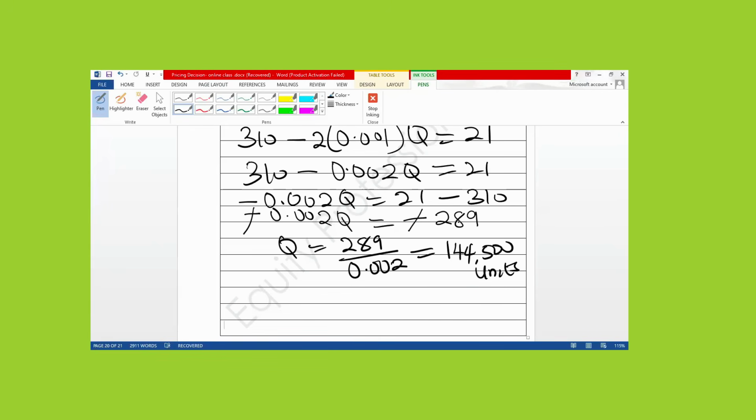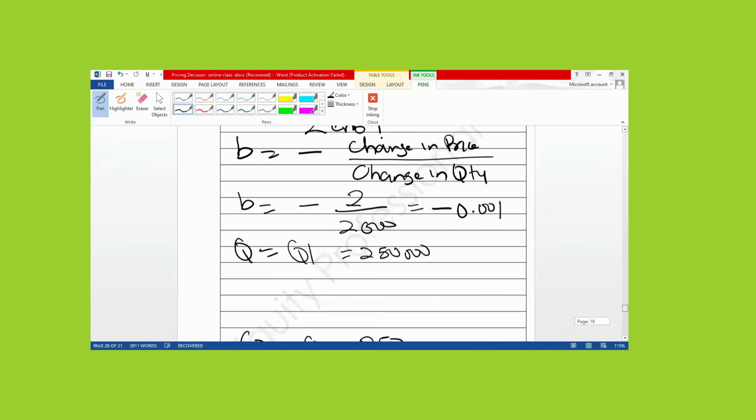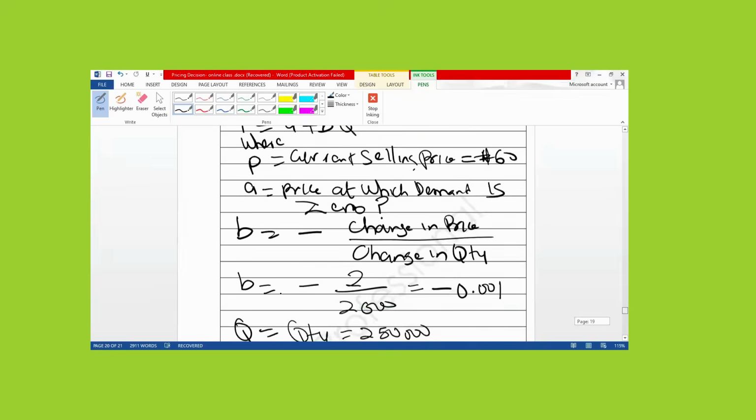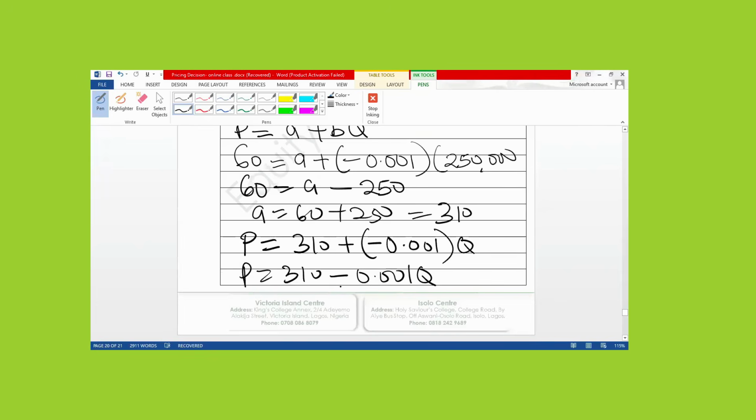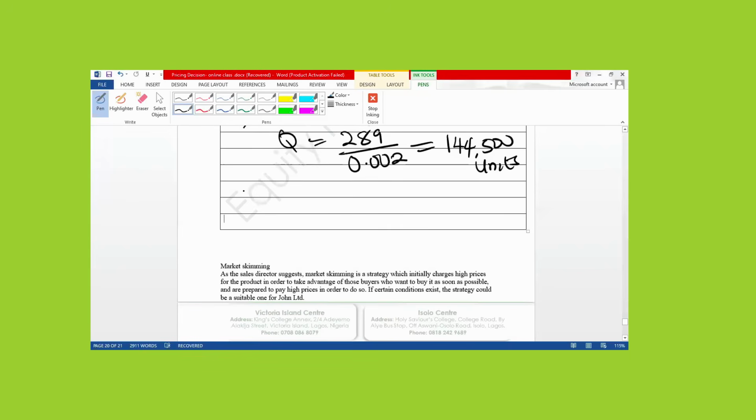Now, once you have gotten your Q, go to your price function. Price is equal to 310 minus 0.001Q.